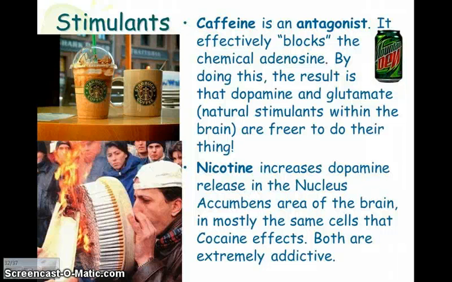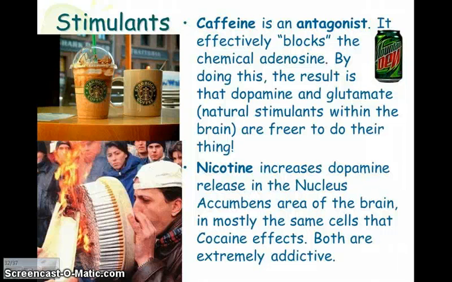By stopping that neurotransmission, it allows more dopamine and more glutamate, which are basically natural stimulants within the brain, to act more frequently. So the Mountain Dew or the coffee is not directly stimulating the brain, but it's indirectly causing that stimulation.